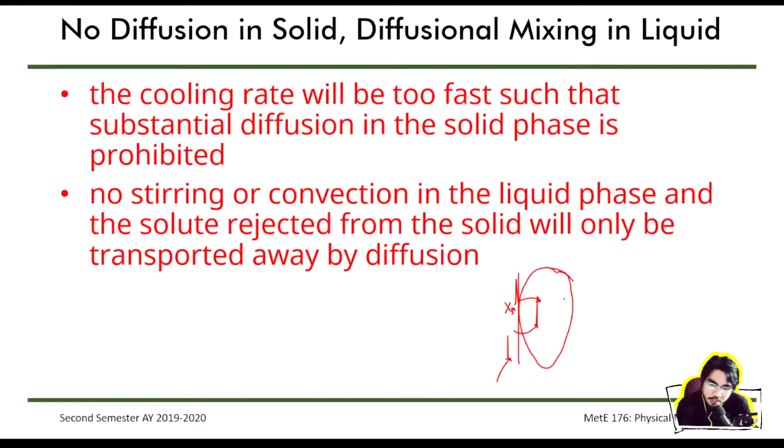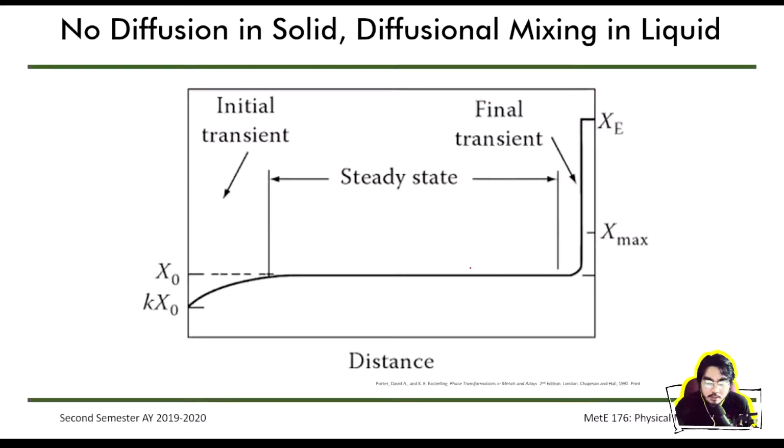Dito sa solidification front natin, there is a build up of enriched liquid, which will lead to a different looking microstructure. Okay? So in this scenario, ang mangyayari is similar sa kanina. So we have something that looks like this, na meron tayong increasing pa rin sa solid side, but it increases faster.